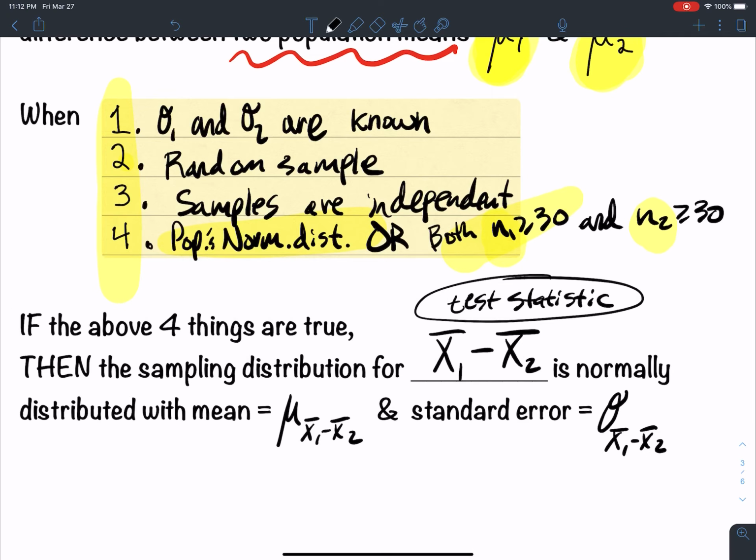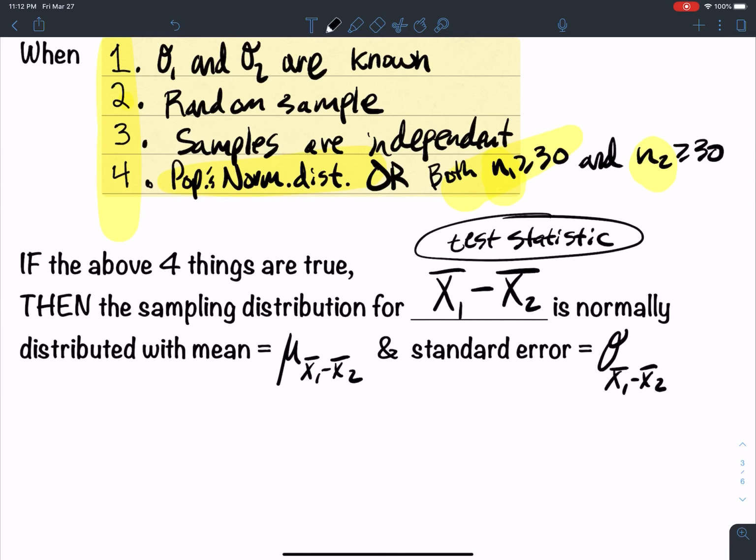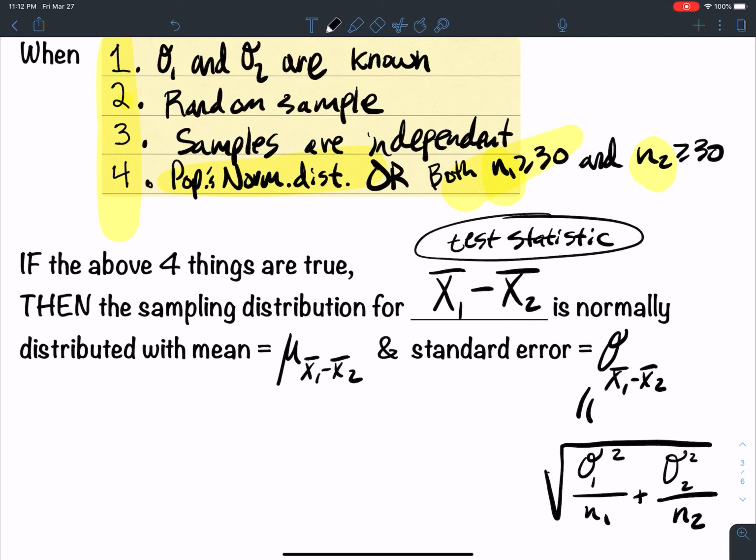Okay, so how do I calculate this right here? This is equal to the square root of sigma 1 squared over n1 plus sigma 2 squared over n2. Okay, so that is my standard error. All right.